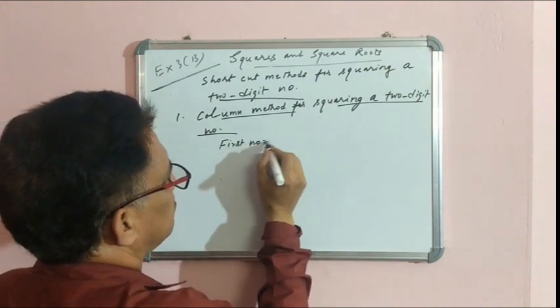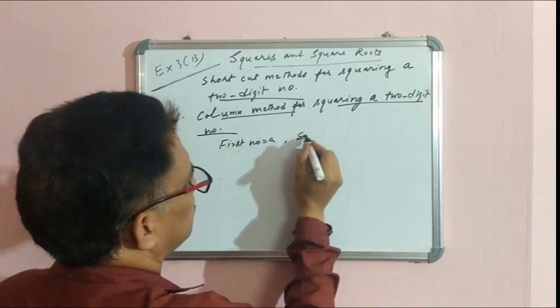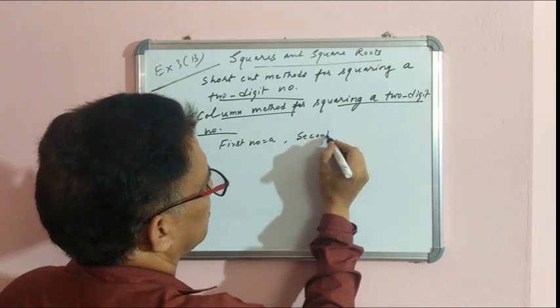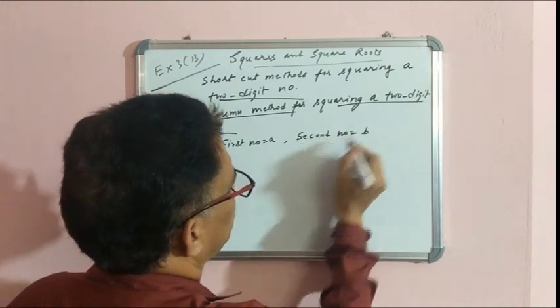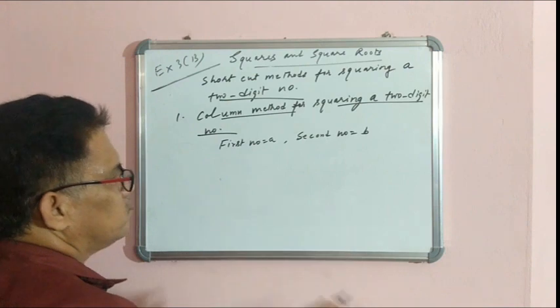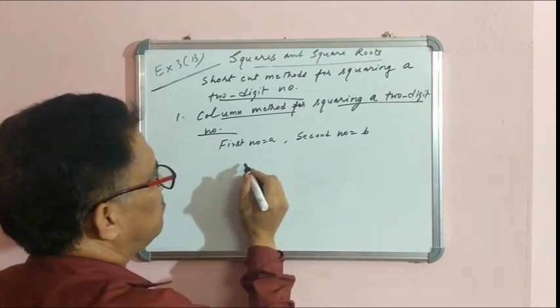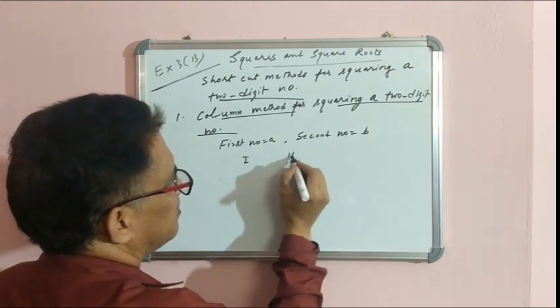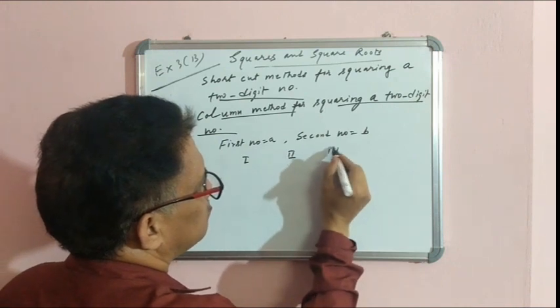So in this case, we take the first number equal to A, and the second number equal to B. Then we make three columns here: first column, second column, third column.